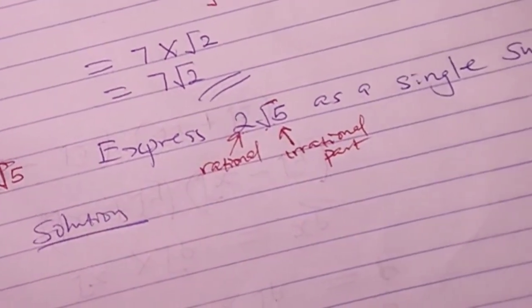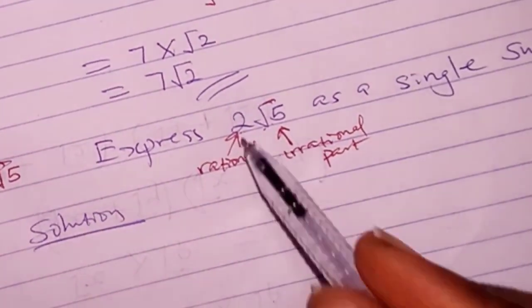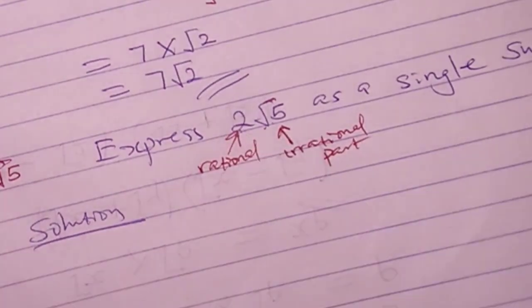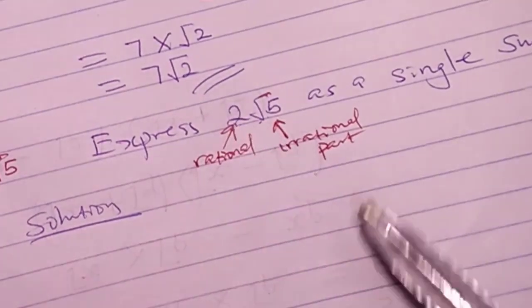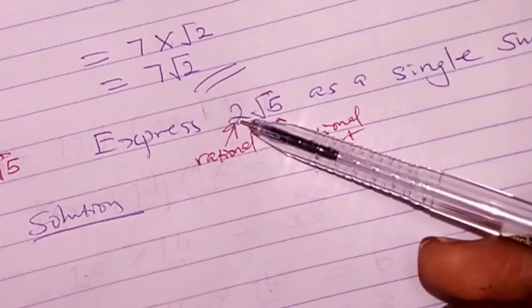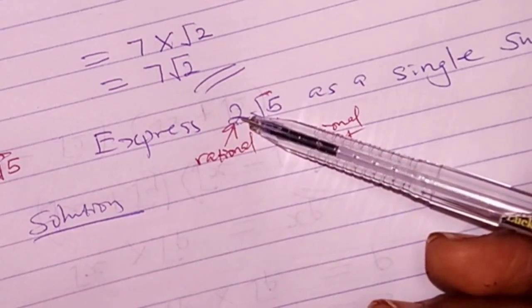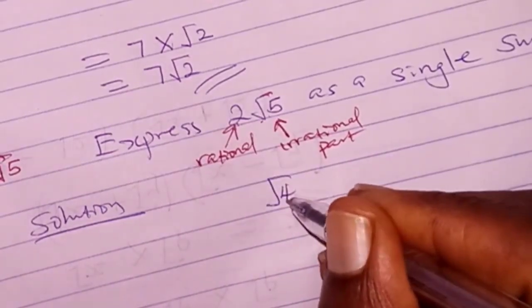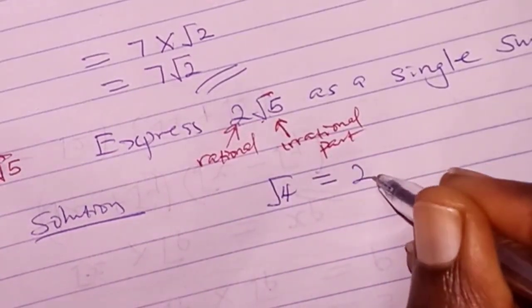The trick here is you ask yourself, for this rational part, which is 2, the square root of what number will give me 2? That's just the trick here. Of course, it is the square root of 4 that will give me 2.